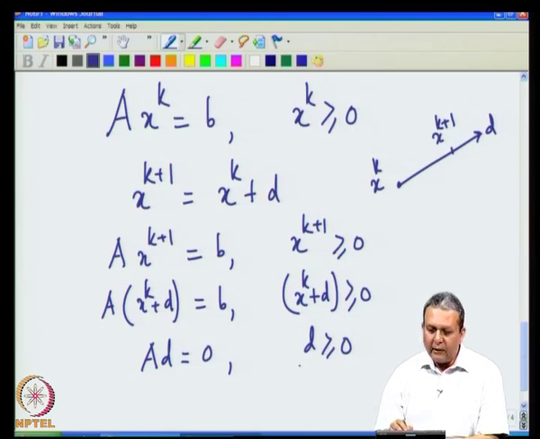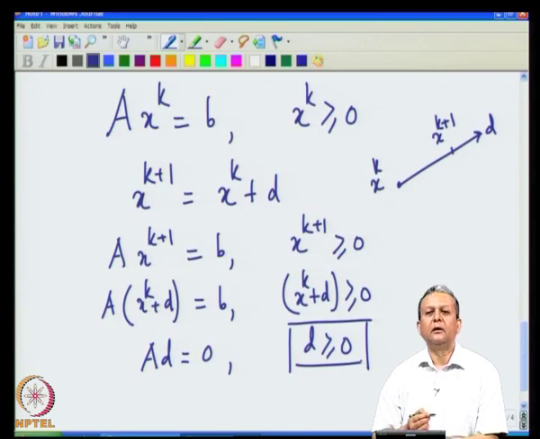Now, this requirement can be typically handled using the algorithm. So, let us not worry about this at this moment. Let us mainly concentrate on the fact that the direction d along which we should move should be in the null space of the matrix A.